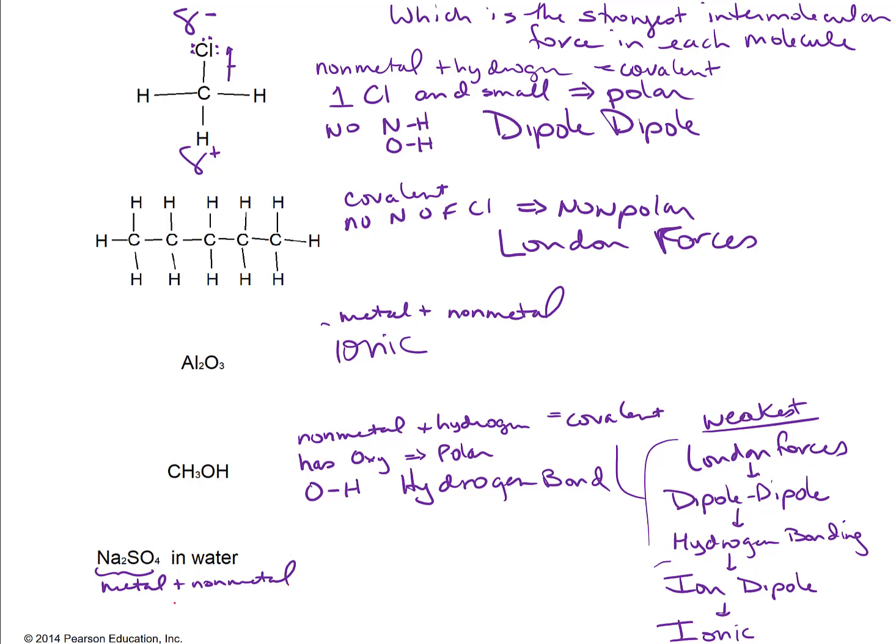It's ionic. In water, though, remember those water molecules can surround the sodium ions and the sulfate ions and help to separate them. So if you see an ionic compound in water, then this is the ion dipole. It's how the water can surround the ions and allow them to separate and float.